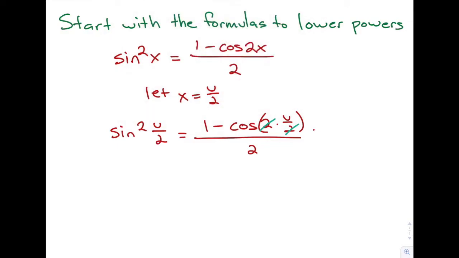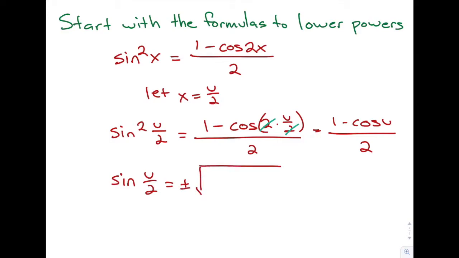So we're left with 1 minus cosine u over 2. Now if we just take the square root of both sides, we have sine of u over 2 equals plus or minus the square root of 1 minus cosine u over 2.